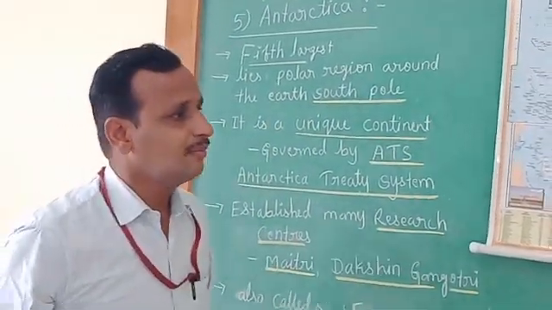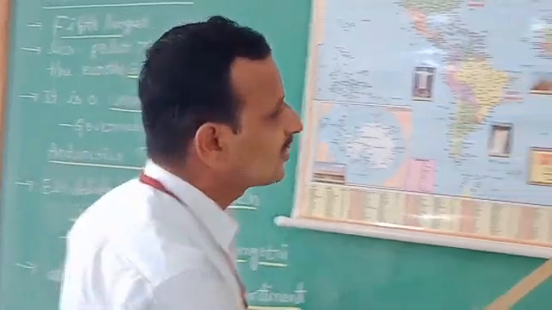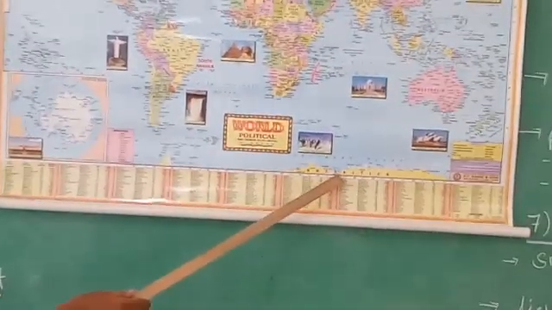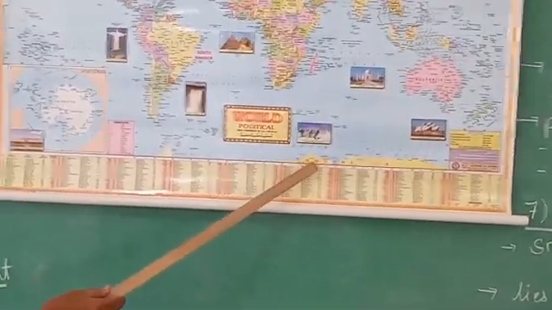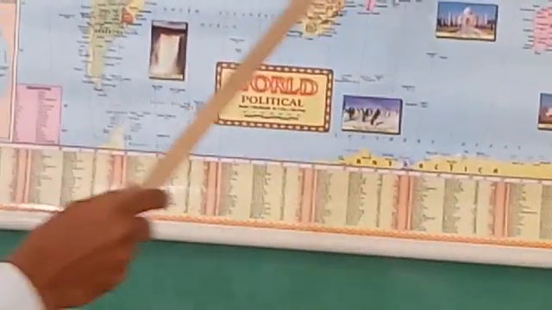You will see here in the map. Here it lies in the south pole. Here this is the south pole of the earth, and it lies in the southern hemisphere. Children, it lies in the southern hemisphere, as well as in the eastern hemisphere and the western hemisphere.